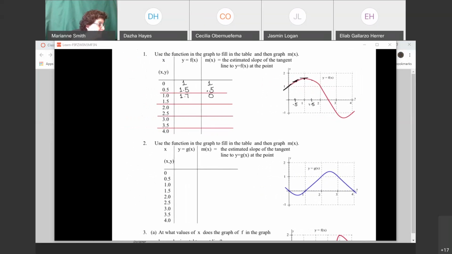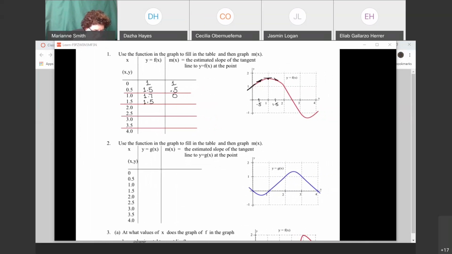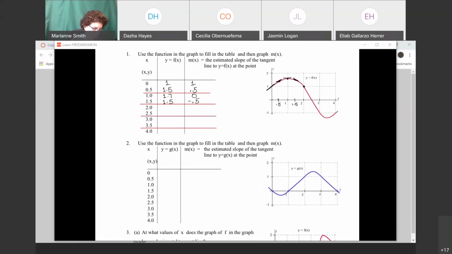Let's say it's 1.5 again. Look at my slope now. It's coming down the curve on the other side, so the slope has a negative value. I'm going to say it's negative 0.5. Again, not stressing, I'm estimating. Once I get to the point 2 over here, it looks like I'm right at the y value 1.